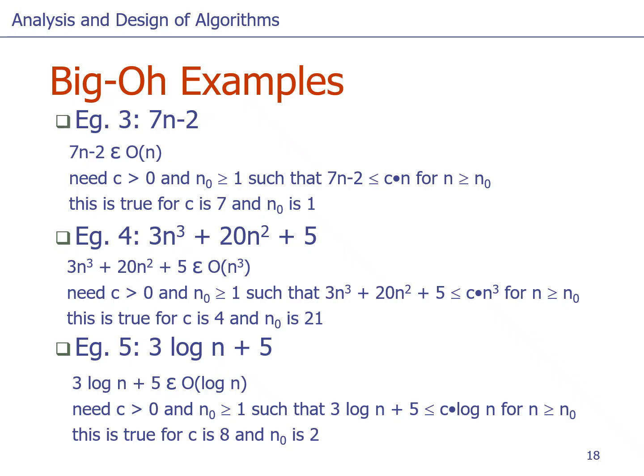Doing some logarithmic manipulation here, I will find that my constant is 8. So 8 log n will be above 3 log n plus 5 after n equal to 2, because n naught I have found is 2. We will see exactly how we reach c and n naught, but I will postpone this to a few slides ahead.